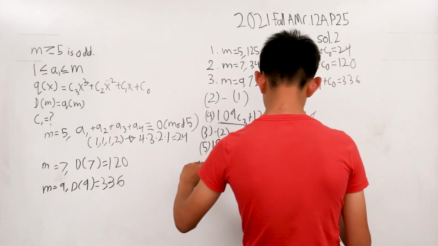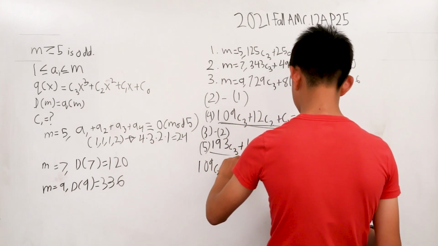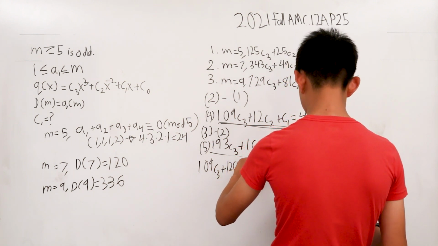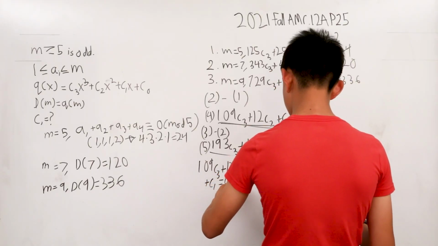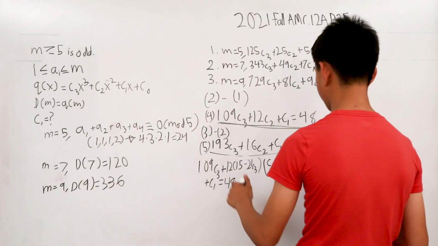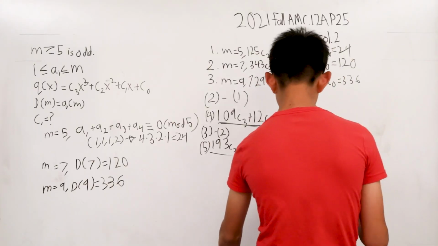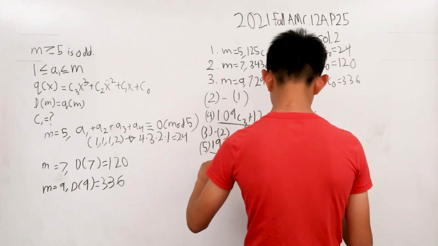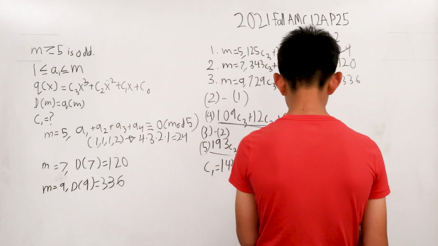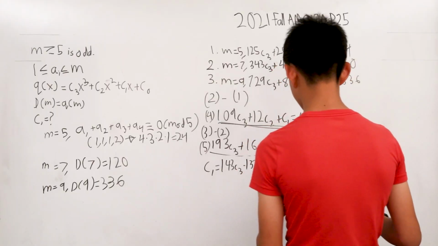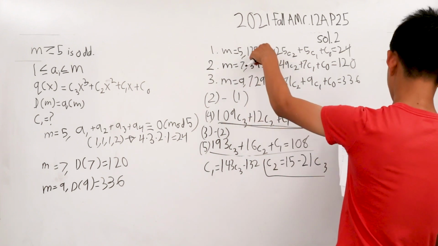So we have 109 C3 plus 12 times 15 minus 21 C3, and then you add C1 is 48. Now we can get a value for C1 by subtracting these two terms. So C1 is 143 C3 minus 132. Since we have this, we can now plug it into the first equation right there.